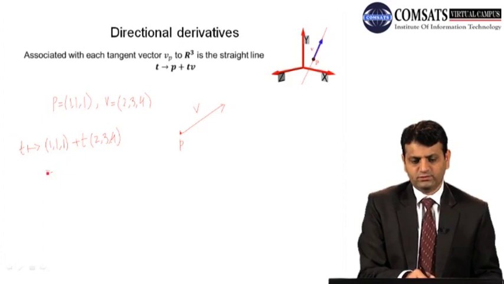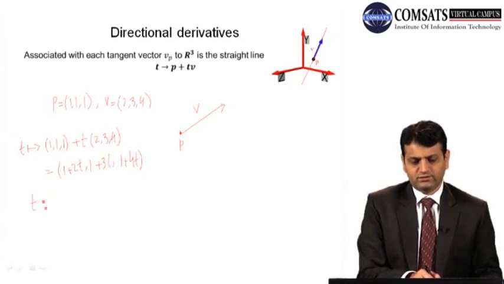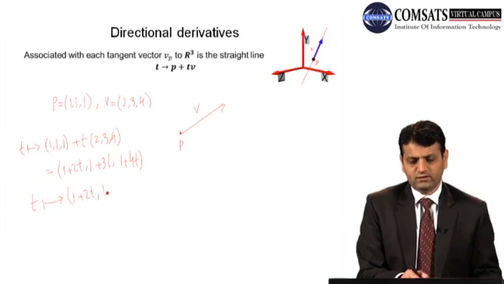So this is equal to (1 plus 2t, 1 plus 3t, 1 plus 4t). So t goes to (1 plus 2t, 1 plus 3t, 1 plus 4t).